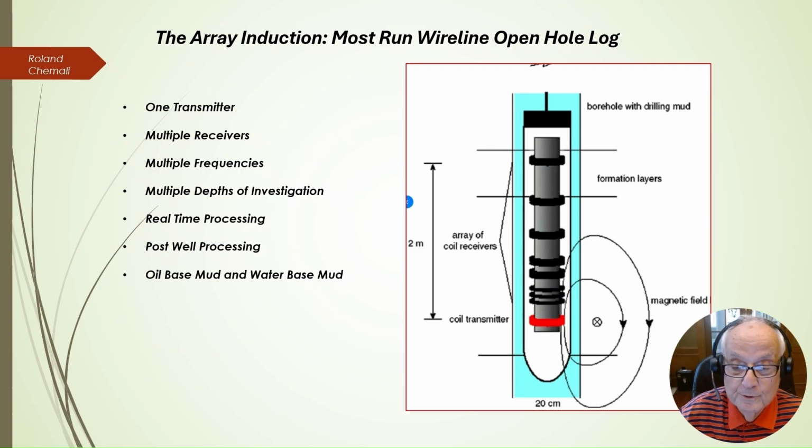It's also used in oil-based mud and water-based mud, and with that power, the induction is probably the wireline tool that is run in most of the wells in the world. I'm talking about resistivity.